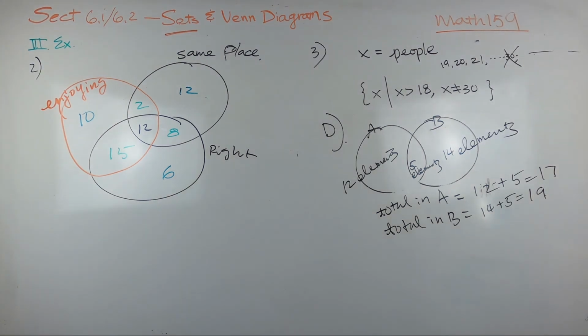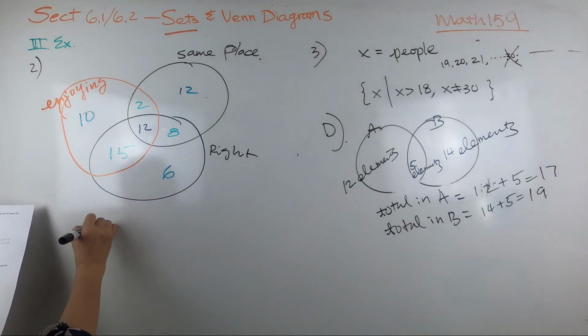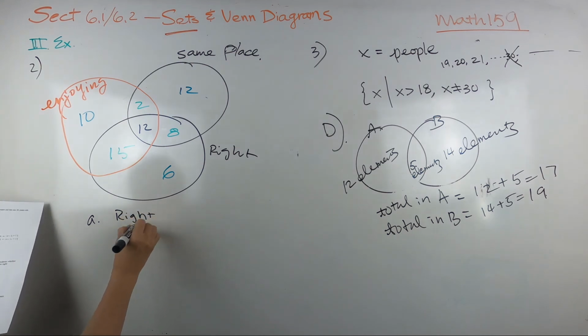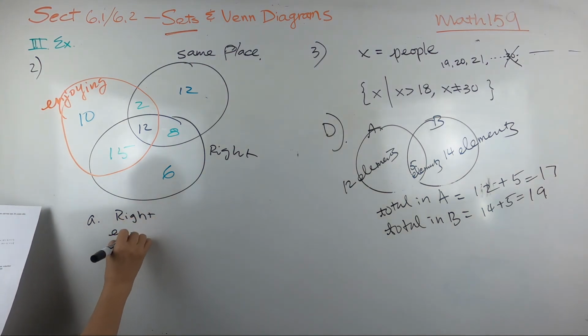Then we will see what kind of test you might have, to use your concept of Venn diagram. But we need to know how to count them first. Okay, here is the question. Determine how many students are right-handed and enjoy college.